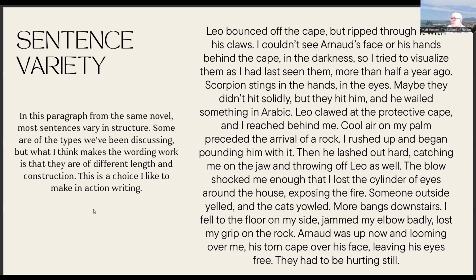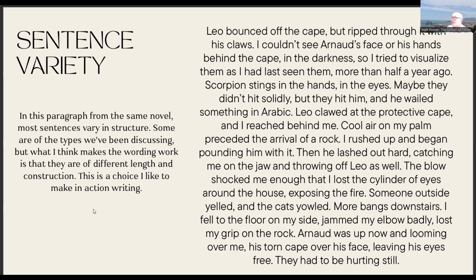Then a simple sentence. That one is written as a passive construction, and passive constructions are to be avoided in profusion, but again, it gives some variety. Right. Then we have a simple sentence. Right. Then we have our first cumulative sentence, which I already pointed out to you. Then he lashed out hard, right, with the catching and throwing.